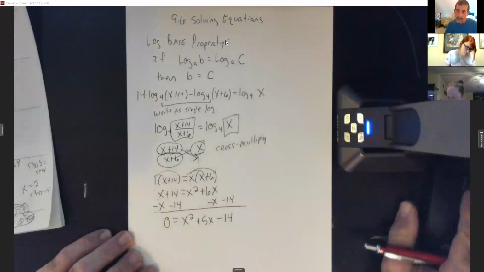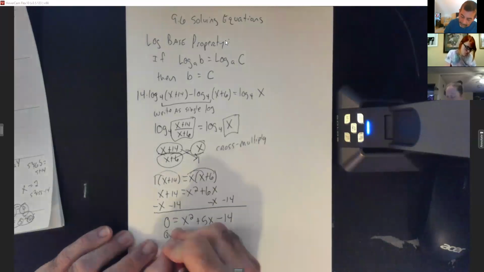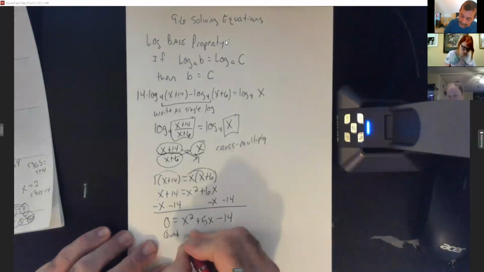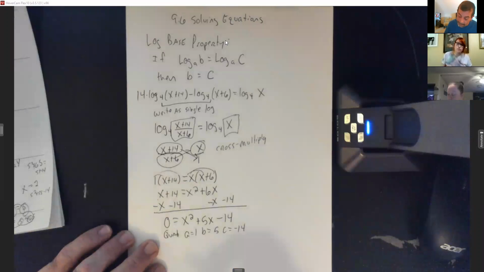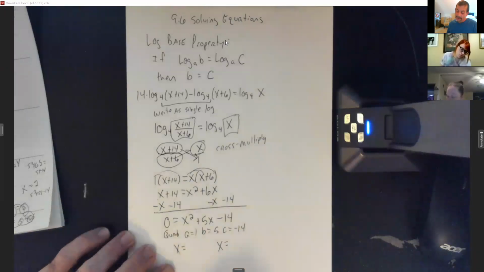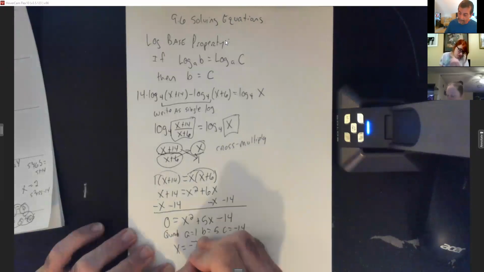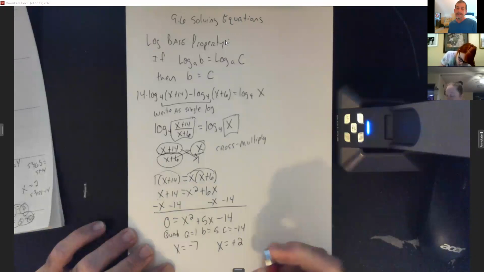So at this point, we could use quadratic formula. A is 1, B is 5, and C would be a negative 14. Or you can factor it either way. It's going to give me two answers. It's going to give me a negative 7, whoops, and a positive 2.